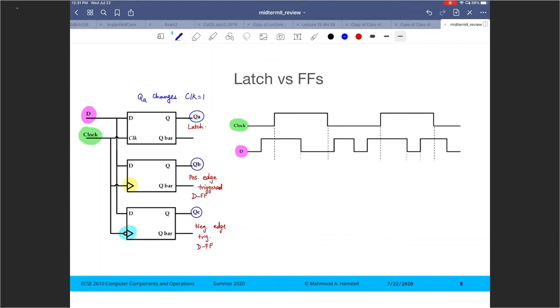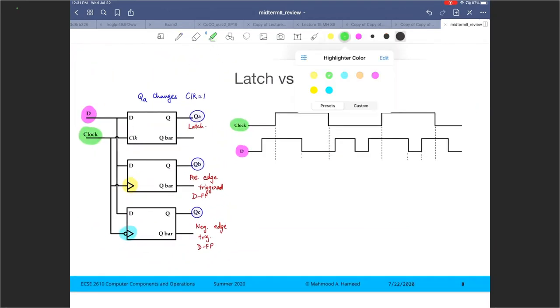So when the clock input is 1 or high, the output of that latch will be able to change. If CLK is 0, it does not change, meaning it is stored. If that is the case, let us see. When is clock 1? All right, let us highlight it, say yellow. Clock is 1 here and clock is 1 over there.